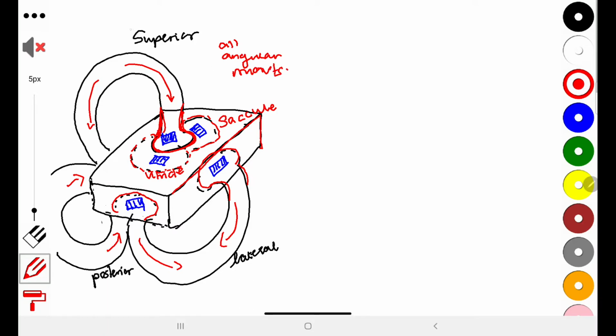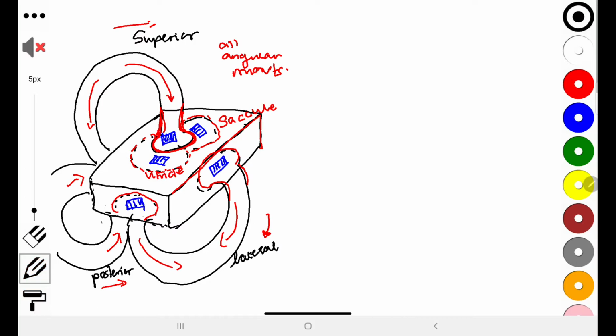So we have a superior canal, then we have a lateral canal, and we also have a posterior canal. Having said that, the vestibular apparatus is concerned with the ear's detection of motion and position and transduces these signals.